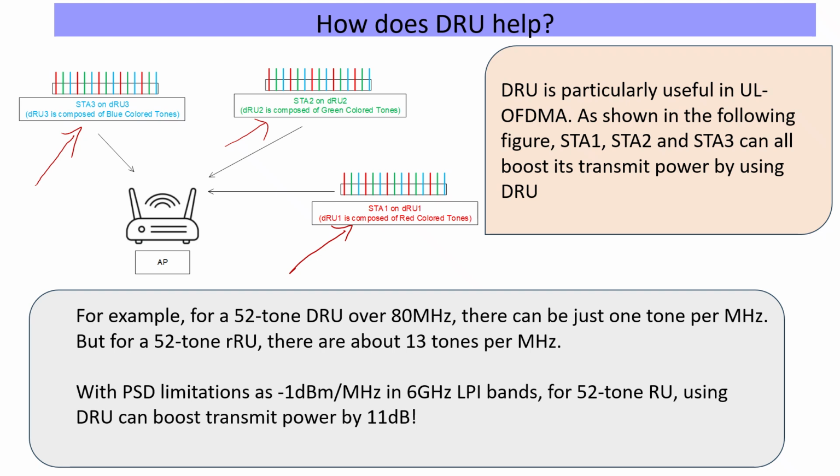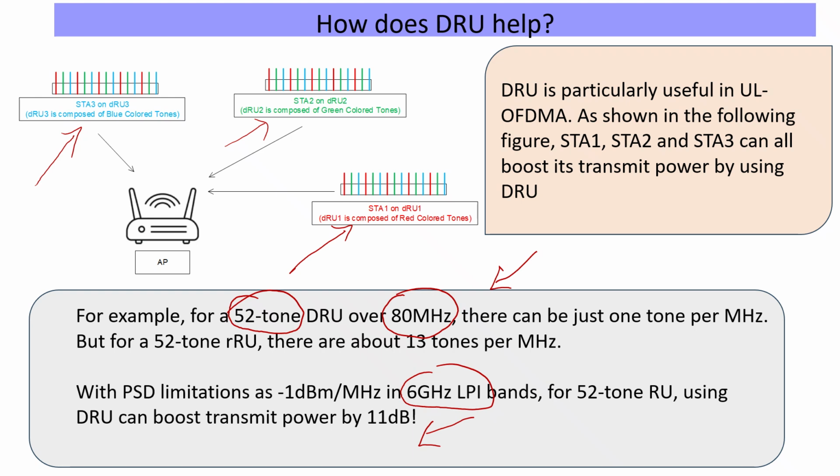Now, what does it help with? As you can see in an example, if I just take a 52 tone case, which is about 4 megahertz, but distribute the allocation over 80 megahertz, look at the power boost that I can get in a 6 gigahertz LPI based usage scenario, as in the US.